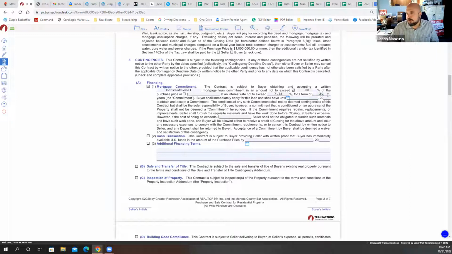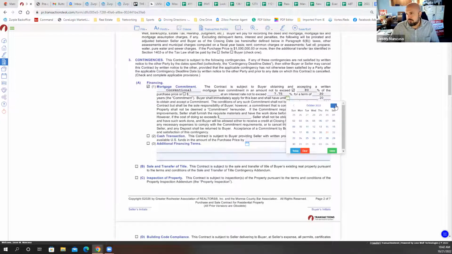Term: typically most buyers are going to do 30 years, but if they're doing a 15-year mortgage, great. Buyers shall apply for this loan and have until, so this is how long it's going to take to get the loan commitment. So you want to use about 30 days, but get with the lender. If they say everything's good, they've already got us everything, we can turn this around in 20 days, fine.